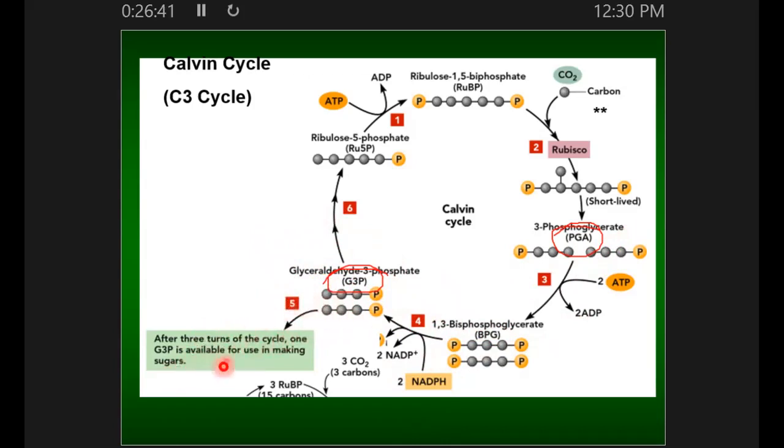So what they're trying to show here is that this is a point where some of the G3P can get diverted into another pathway in order to make the final sugar, which actually is sucrose. The plant's goal is to make sucrose, not glucose, right? So this G3P that starts to build up during the day, they'll take some of that and run it into another pathway that will make sucrose. And that's great for the plant.